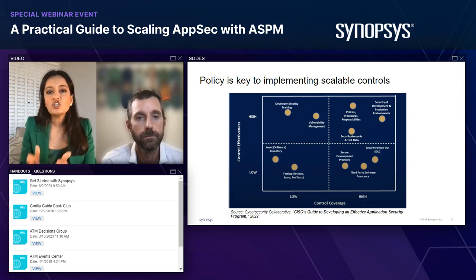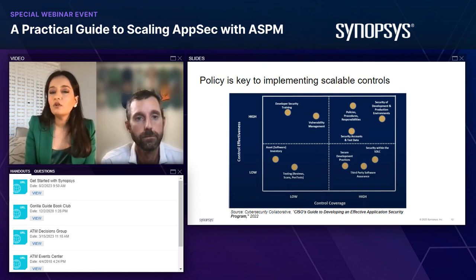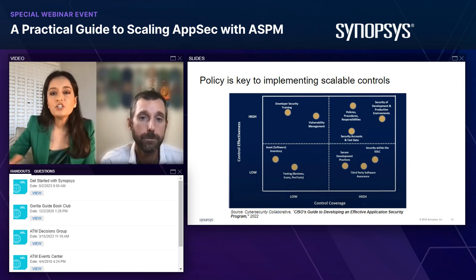Now, these two goals, while they're very desired, are difficult to achieve across everywhere your software is produced, not just from developers you have in-house that could go through that level of security training.